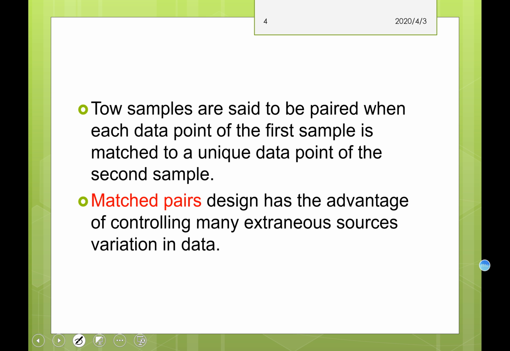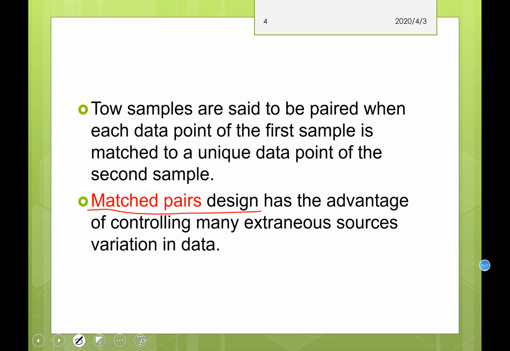Matched pairs design has the advantage of controlling many extraneous sources of variation in data. Actually, in study design, we often call this paired sample or matched sample a matched pair design. So that is how we design the study. How can we group all the patients?